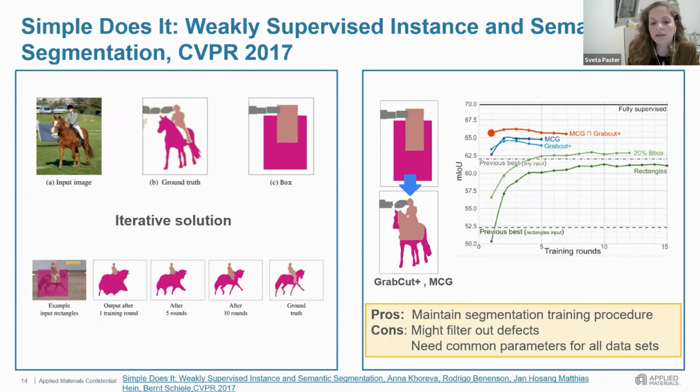An additional thing is regarding parameter tuning. In our data sets, we want to have the same parameters for the algorithm, obviously, and it's not possible to manually tune them all the time. To develop something automatic might be a little bit complex, so it's something we need to think about.